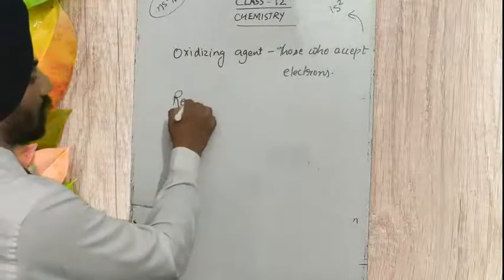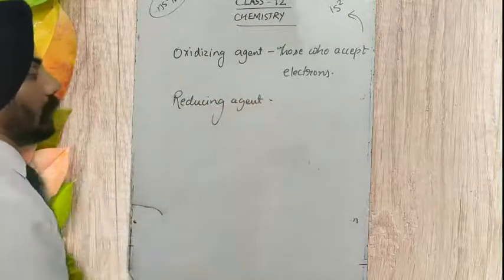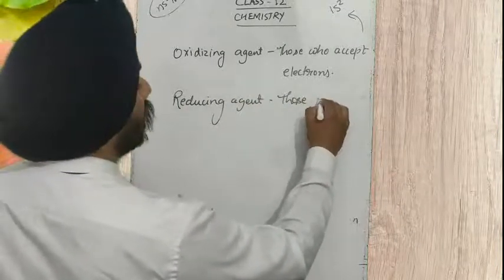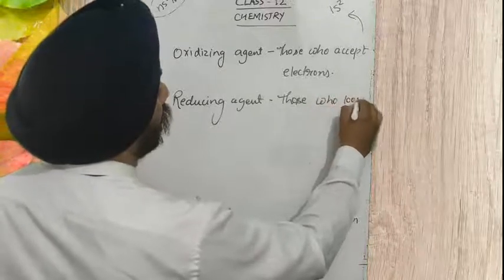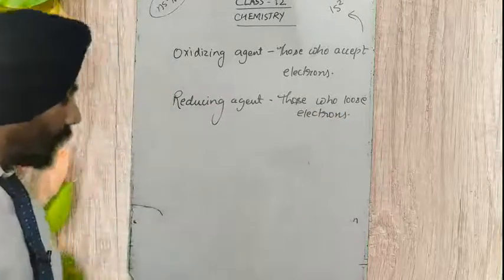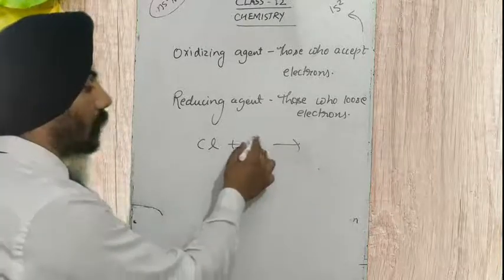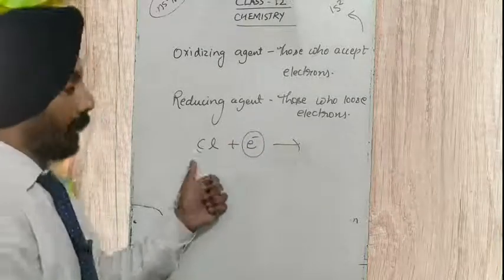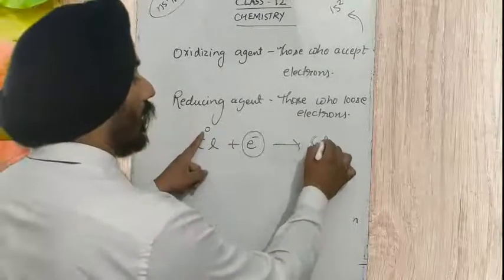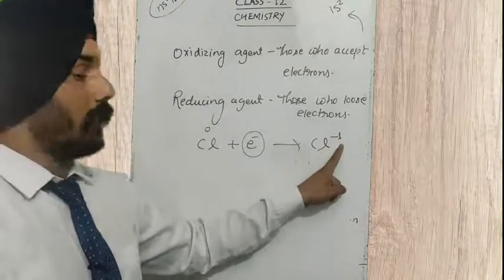And what is a reducing agent? A reducing agent is just opposite to an oxidizing agent: those who lose electrons, those who donate electrons. Like in the case of chlorine, I told you a species should be there which provides this electron to the chlorine atom, so that its oxidation state goes from 0 to -1. So the oxidation state decreases here.